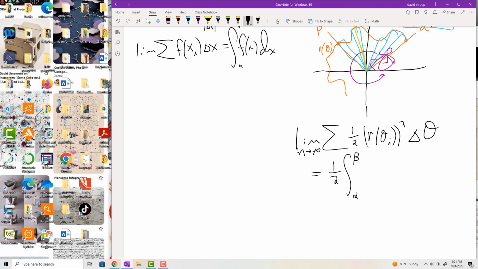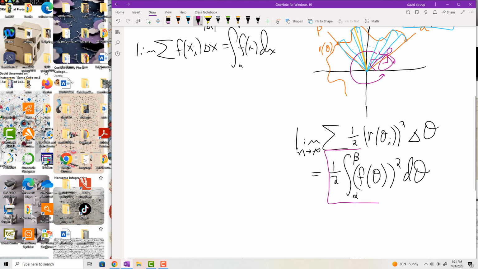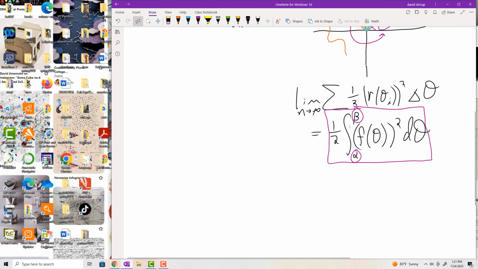Instead of using r, they're going to write f of theta squared and then d theta. So if nothing else, this is the formula we need for figuring out area, and we need to know the starting place and the end place in order to get the appropriate area.